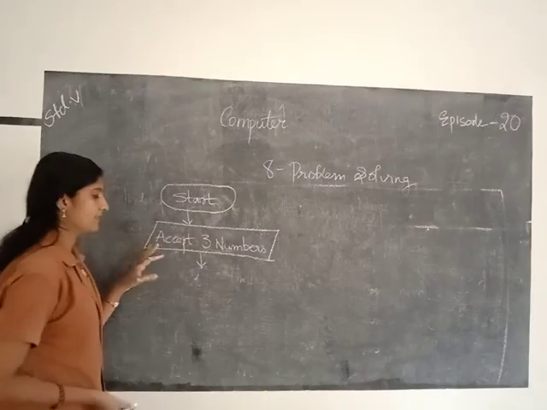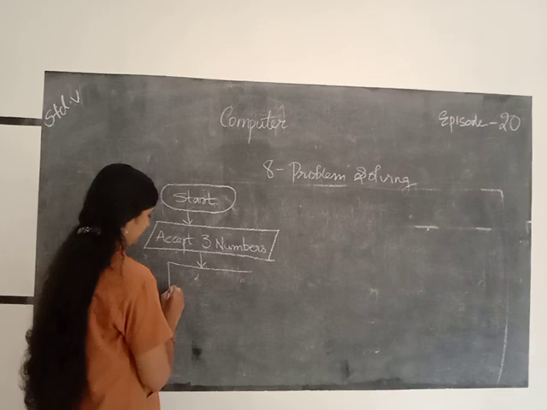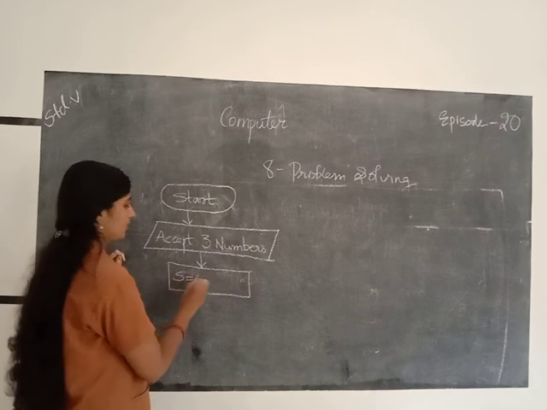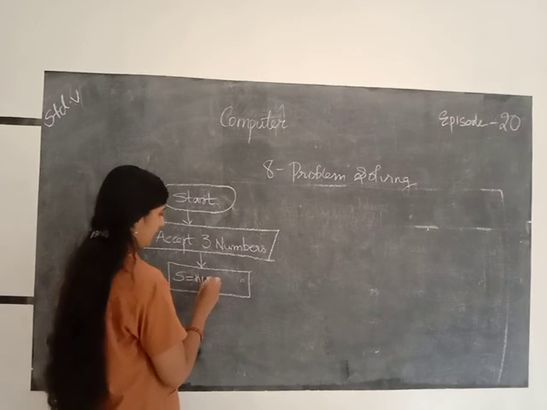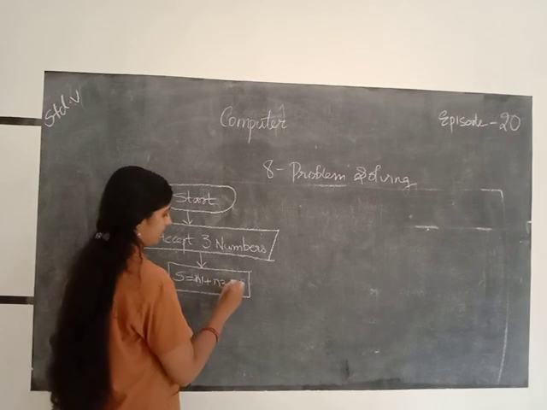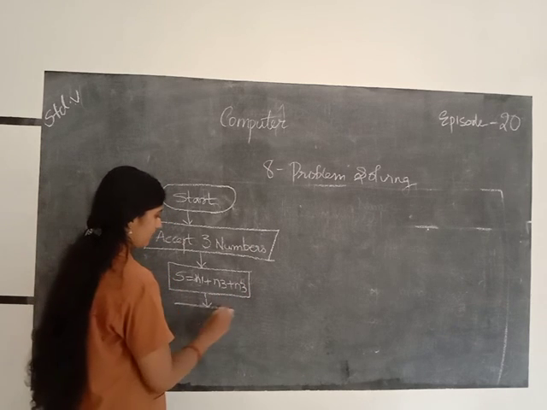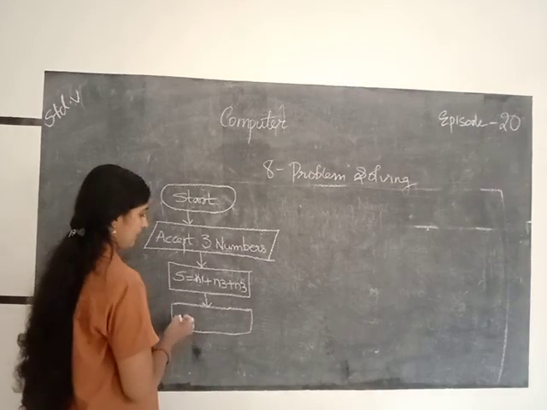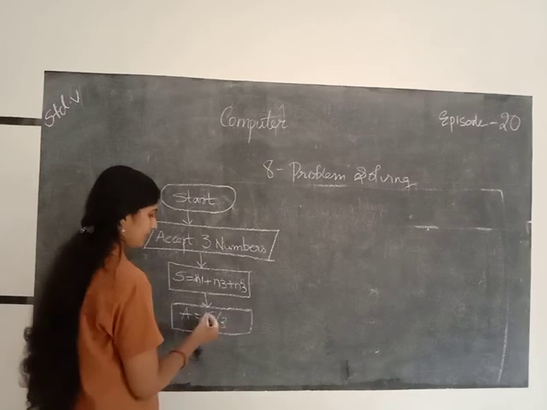Then calculate the sum. S equal to N1 plus N2 plus N3. Then again, next processing box. A equal to S by 3.